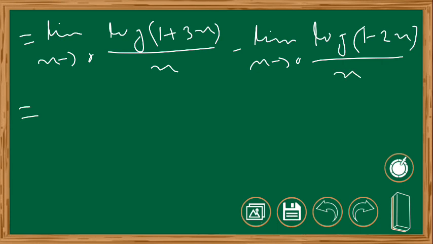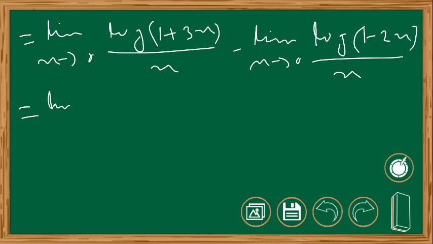If I put x as 0, this term becomes log 1, and log 1 is 0. So the numerator becomes 0 and the denominator also becomes 0, so it becomes 0 by 0 form. And in 0 by 0 form, we know we should use L'Hospital rule.